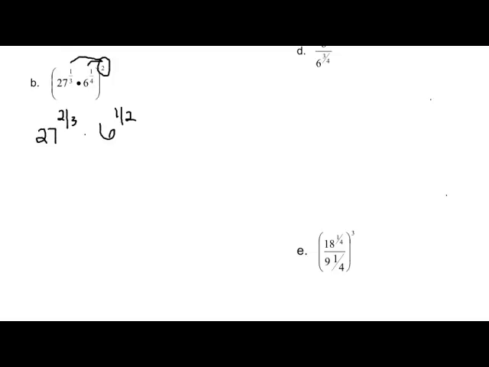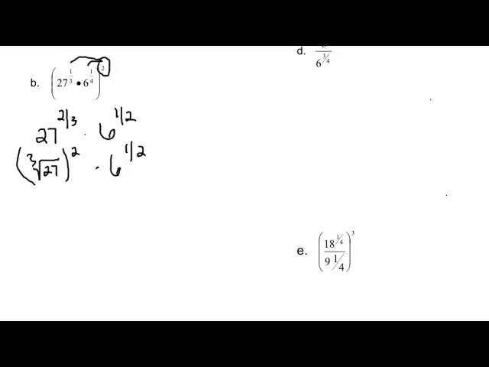So this is 6 to the 1/2 power. Now notice we do not have common bases, so we can't combine these things. We can't add them, but we can simplify 27 to the 2/3 power based on what we learned in the last section. Remember, we can rewrite this as the cubed root of 27, and all of that is squared, and then we still have our 6 to the 1/2.